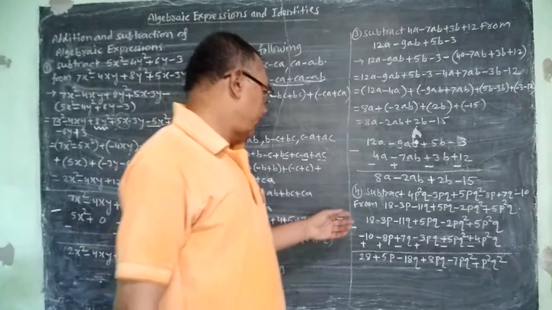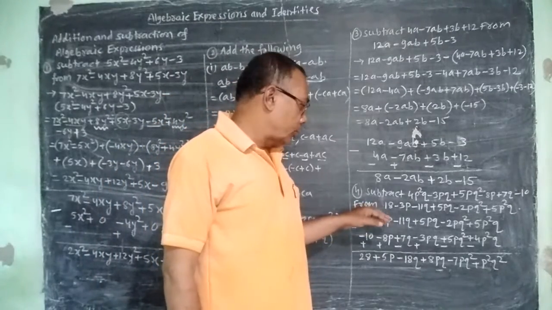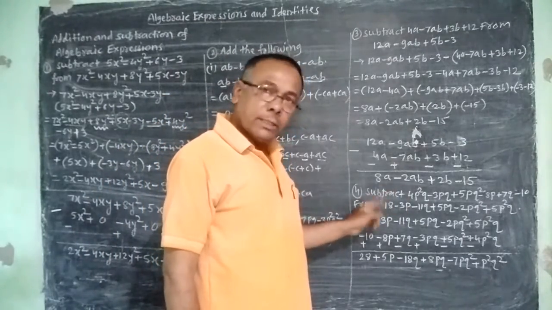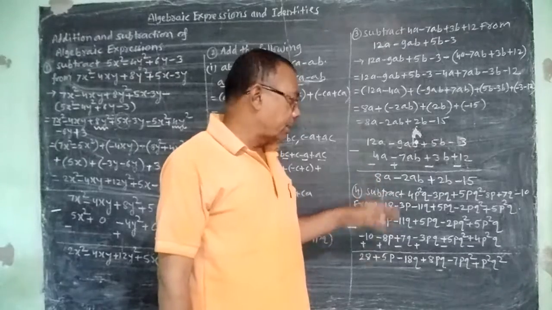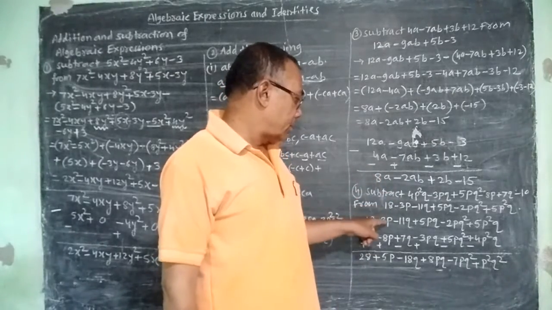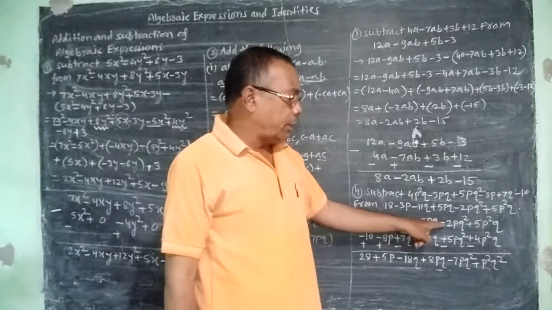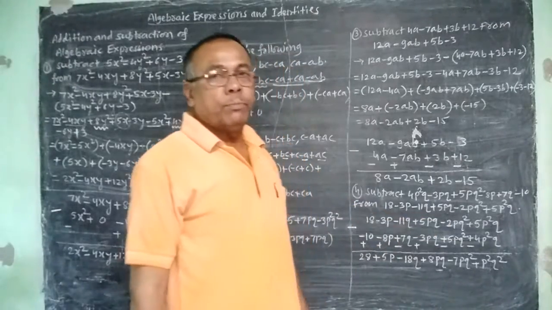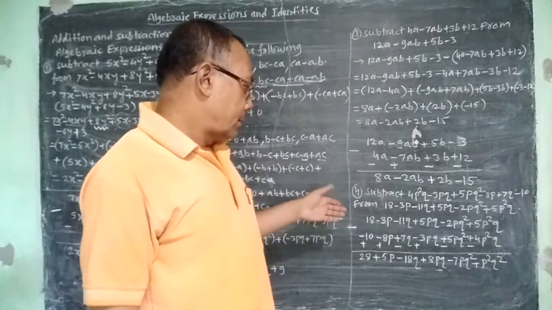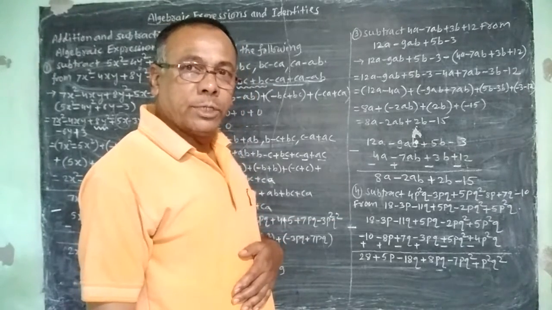So here first of all we will write the second expression, because we have to subtract the first expression from the second expression. So 18 minus 3p minus 11q plus 5pq minus 2pq square plus 5p square q, and I have written the corresponding like terms below it.